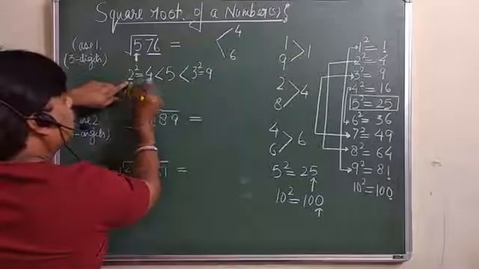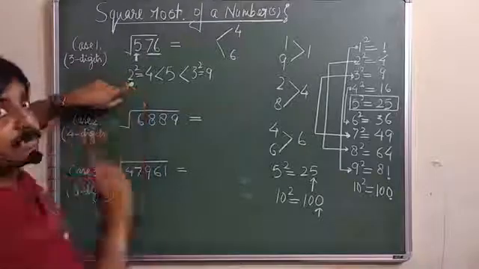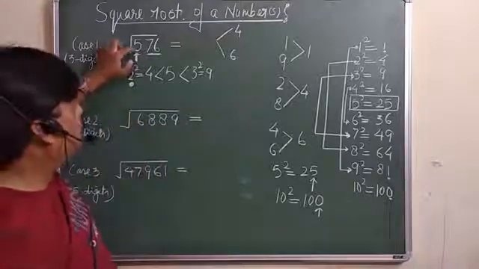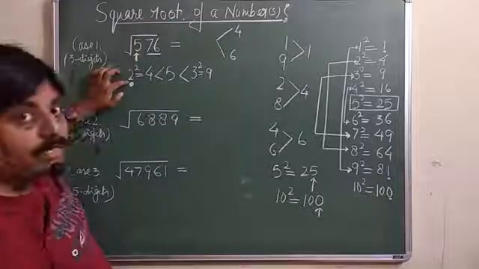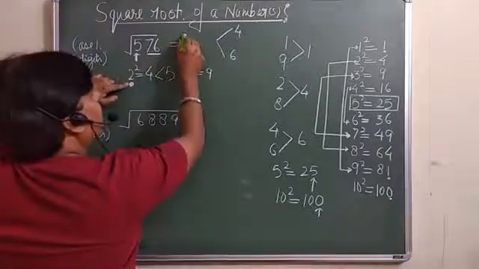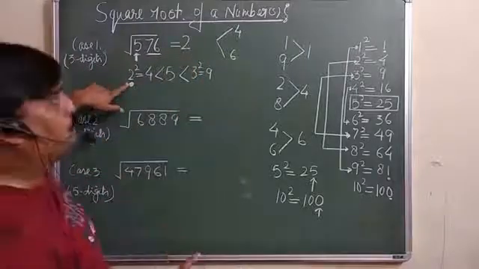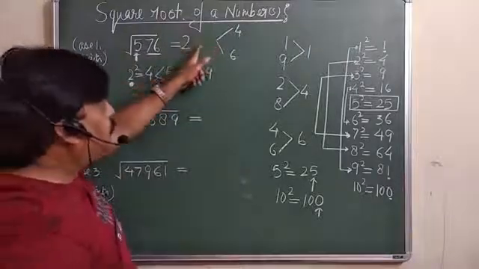So we are supposed to take the smaller number, 2. It means the tens digit will be 2. But what will the unit digit be?